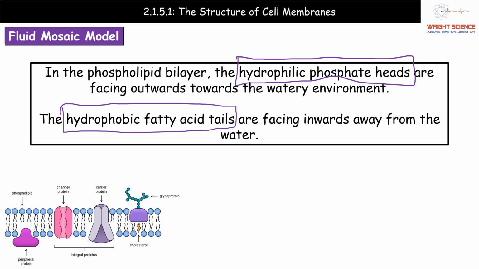So hydrophilic is telling us why it's going to arrange that way. Phosphate heads tells us what it is. Hydrophobic fatty acid tails, again, we've got something to do with the actual functionality, the hydrophobic nature, and we're saying what it is. Don't just say fatty acids or tails. Let's actually use the full phrase to make sure we maximise our marks.